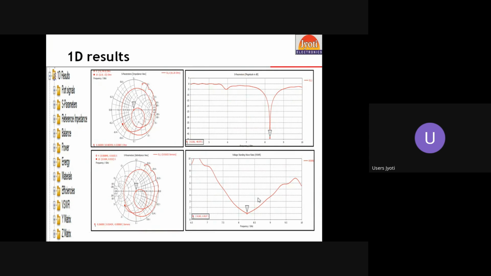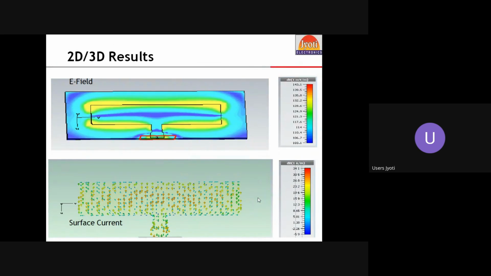Also, we can see the 1D result as well as the S parameter based graph and some impedance matching, for example, the Smith chart. So we can analyze this for particular impedances. We can say whether these impedances are matched or not for a particular antenna or any type of RF component. Also, we can see the electric field and the surface current as well.